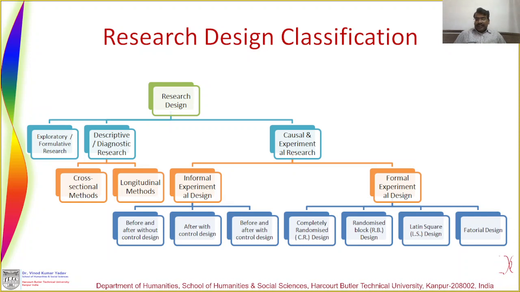If you look at these descriptive and causal and experimental research designs, one thing I would like to make clear is that experimental research design simply means that you have an experimental setup. Experimental setup means that sometimes you are working within limited, designed constraints.